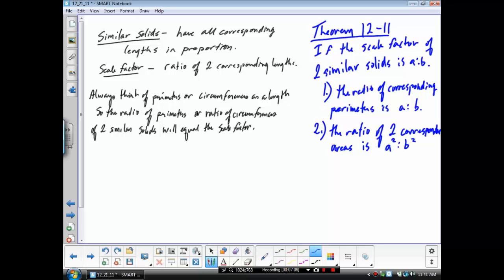So it'll be A squared to B squared. And number 3, the ratio of the volumes is the cube of the scale factor.